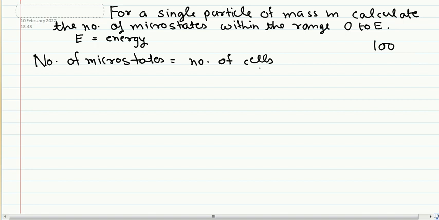It has 100 options, and 100 options for a single particle means 100 microstates, which means 100 cells.